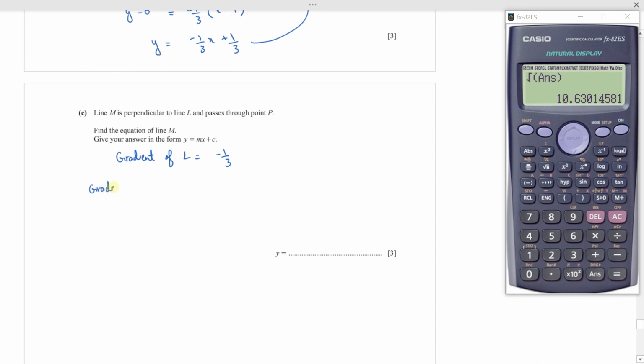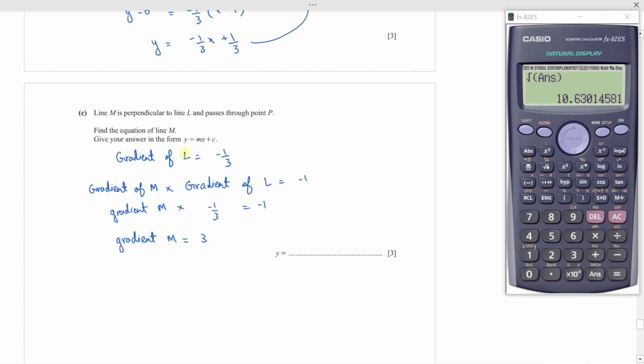So gradient of M multiplied by gradient of L will be equal to minus 1, and gradient of L is minus 1 by 3. So gradient M into minus 1 by 3 is minus 1. So this will give me gradient M equals, if I take this 3, and the negatives cancel out, 3.